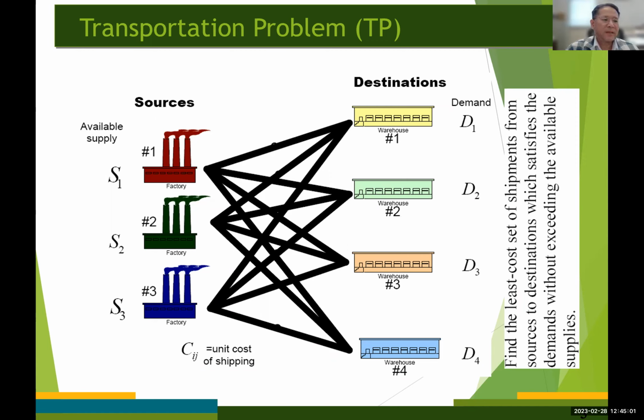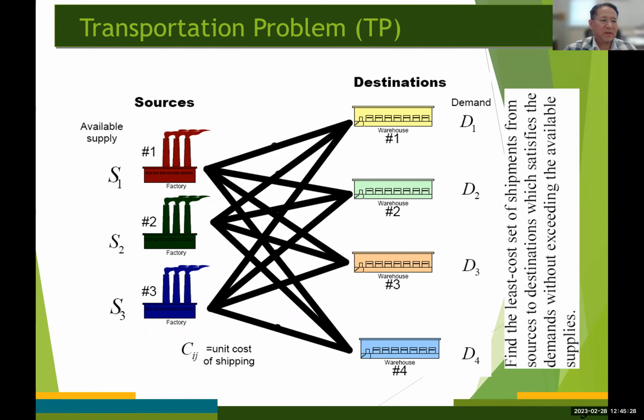Okay. So this screen shows a prototype transportation problem with three sources here. Those are the supply nodes, and four destinations. Those are the demand nodes for the flow, and it also has some associated shipping cost.